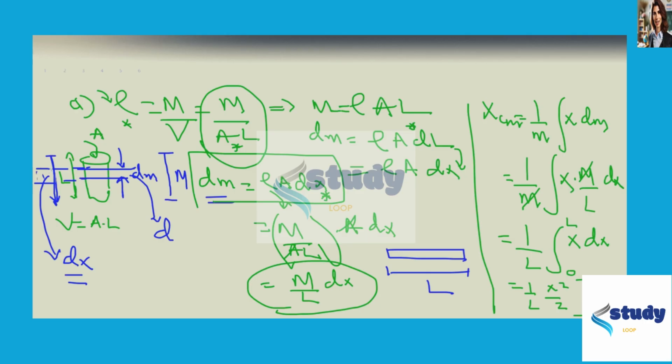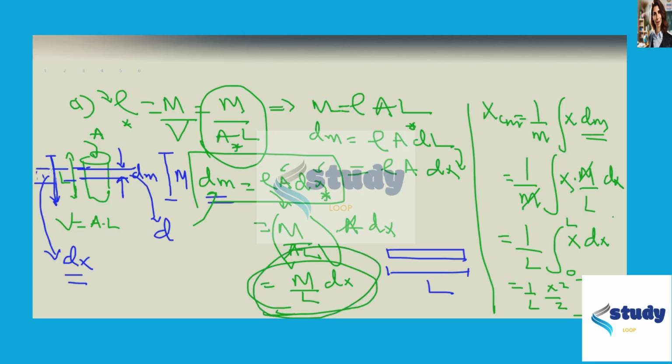We change that in terms of area, and the purpose is to make sure that the dm has a specific relationship with the x and the area, and then we do the replacements. We end up having a replacement for the dm, which you can see is m over L dx.